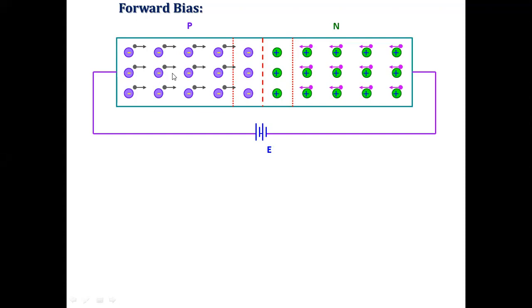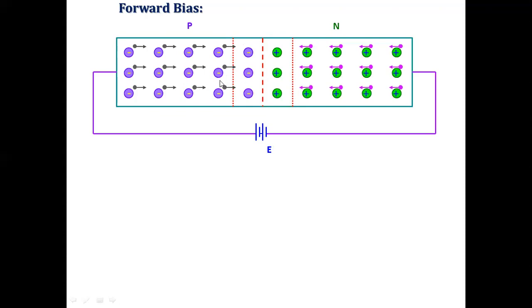This field force is more than the barrier force, so it will get cancelled. The barrier potential will start to decrease, and once it is completely decreased, the depletion layer is broken.